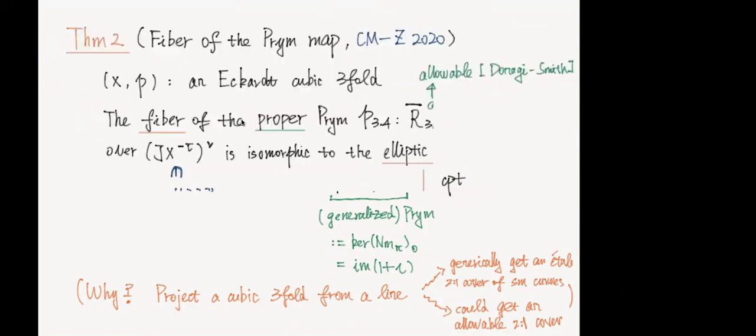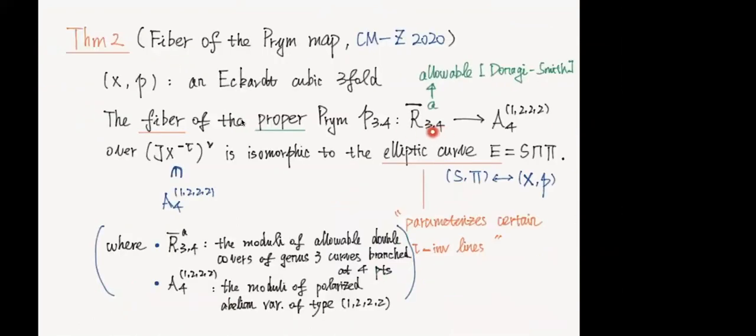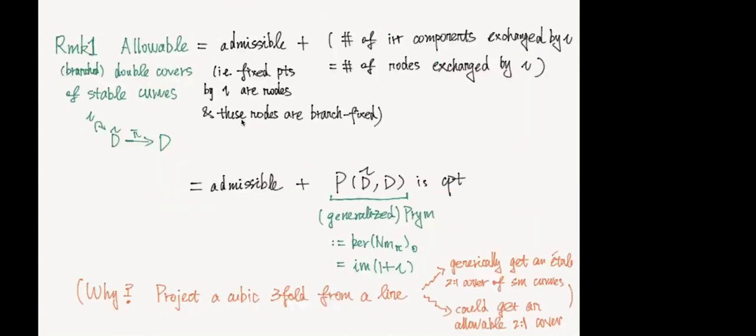So we do get a map: this Prym map sends some double covers of singular curves to this compact abelian fourfold with certain polarization.